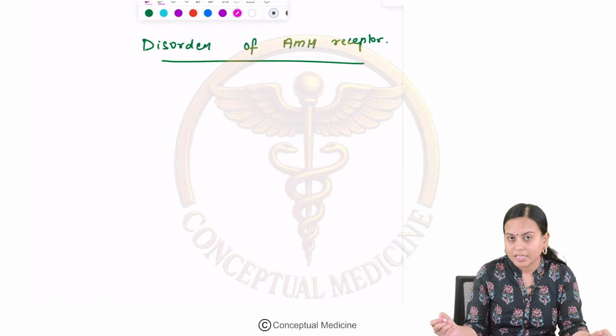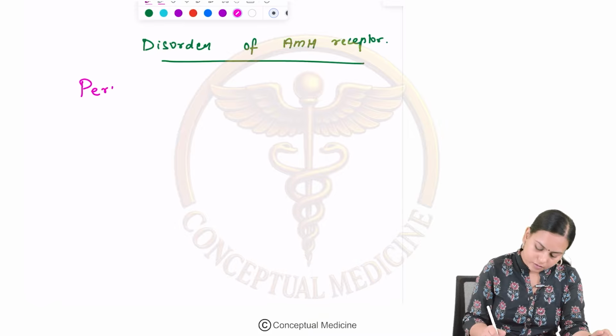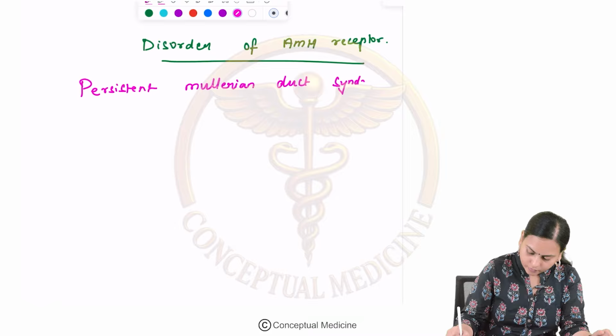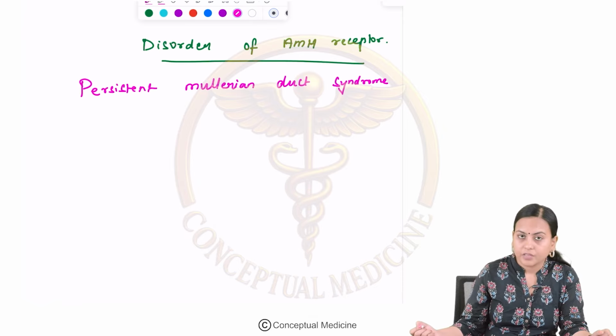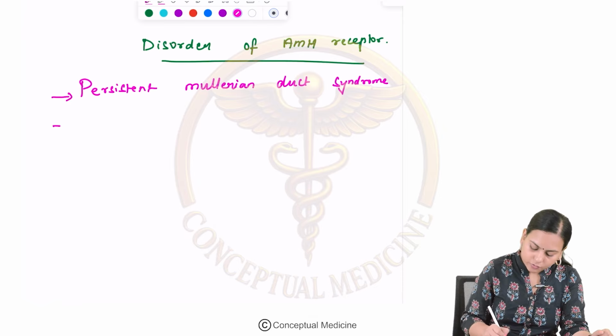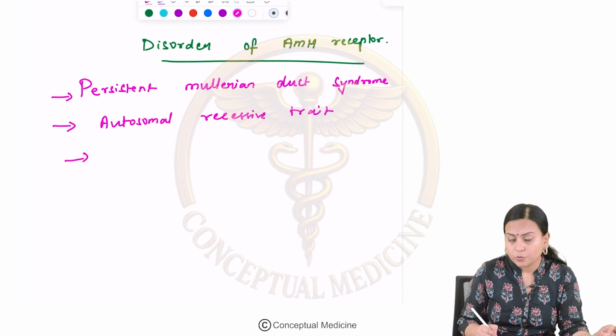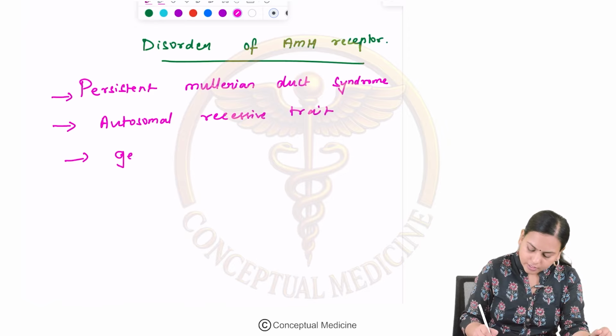So, this is nothing but persistent Müllerian duct syndrome, okay, which has an autosomal recessive trait, and these people usually don't have genital ambiguity.